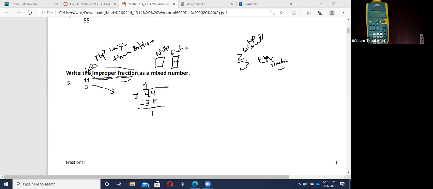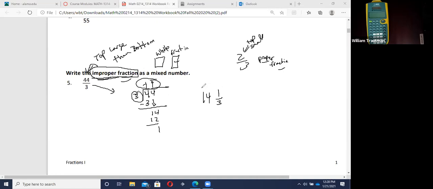Subtract it. Remember all this? And then 3 goes into 14 4 times. 4 times 3 is 12 with 1 remainder. So I have 14 with 1 remainder. My bottom is a 3. This is how you end up doing it.